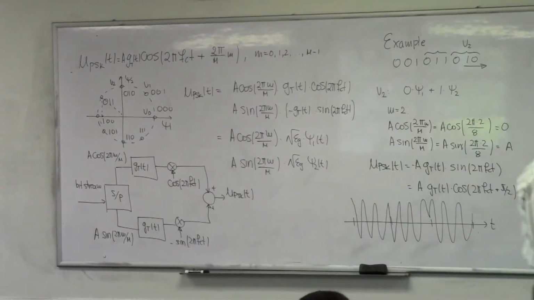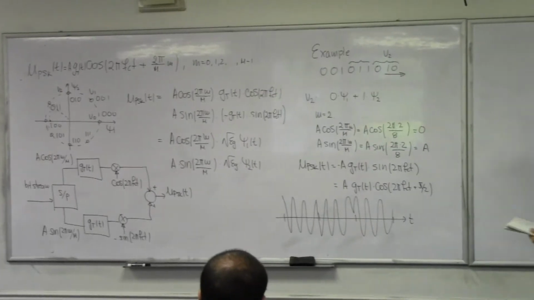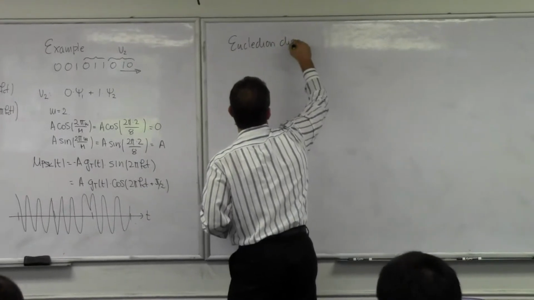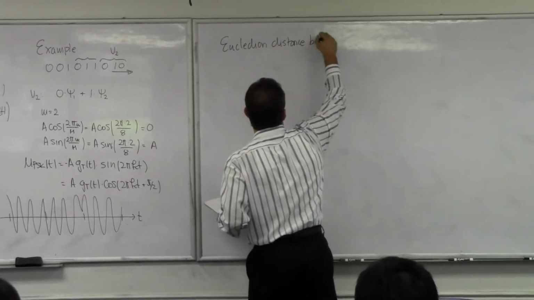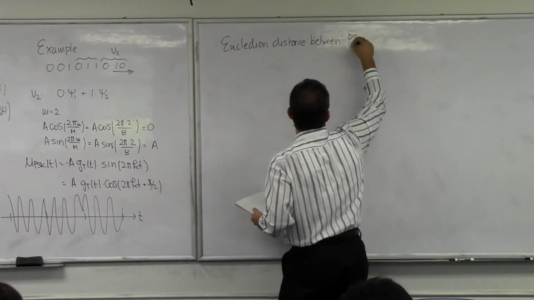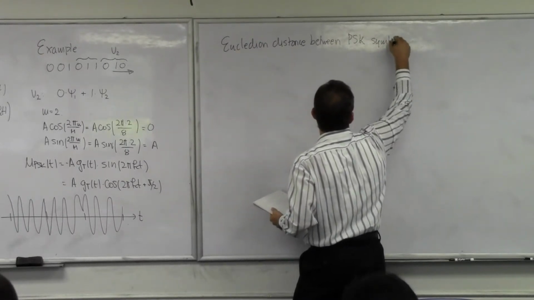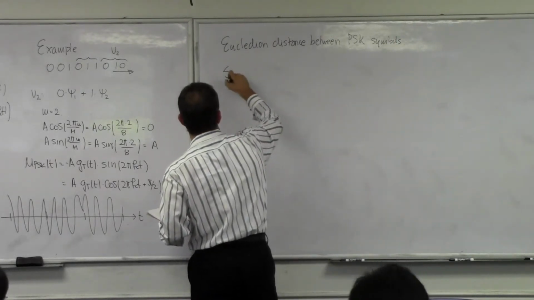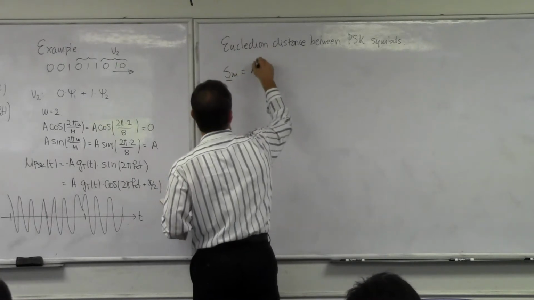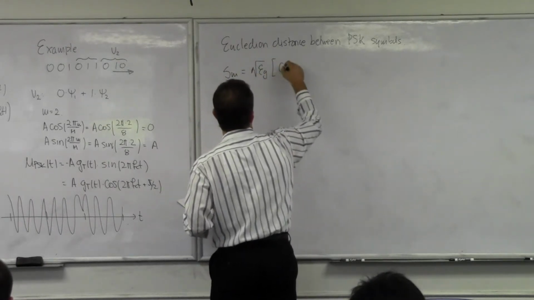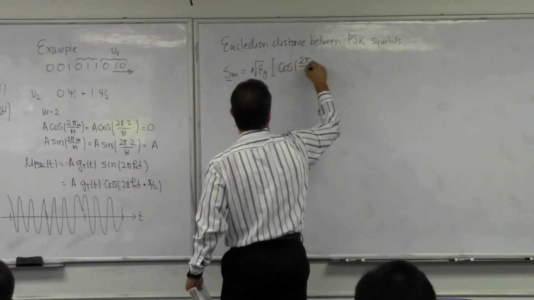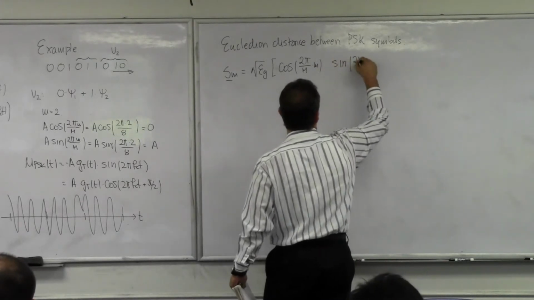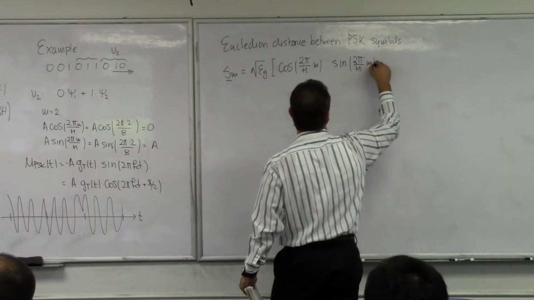Let's calculate the Euclidean distance between PSK symbols. Let's look at 2 symbols, S_m, which is square root of energy cosine 2 pi over capital M times m, and the second coordinate is sine of 2 pi over capital M times m.